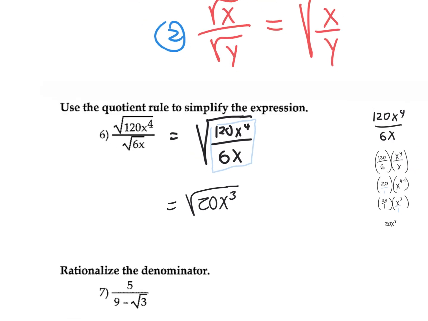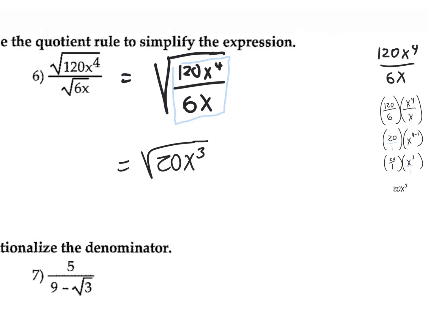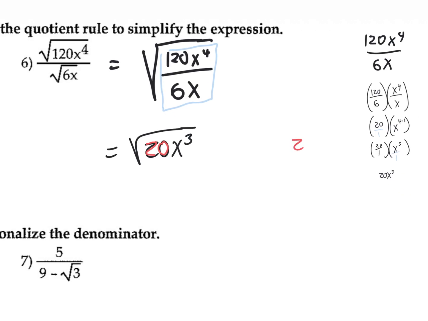All right. So really, this is just radical 20x to the third. But then you should know how to sort of simplify this situation. Now, really, I would say with regards to the red 20, you can go ahead and do that prime factorization. Does 2 go into 20? Yes, 2 times 10. Does 2 go into 10? Yes, 2 times 5.